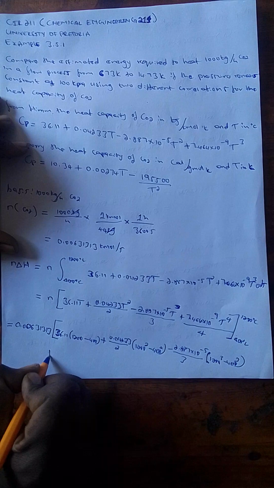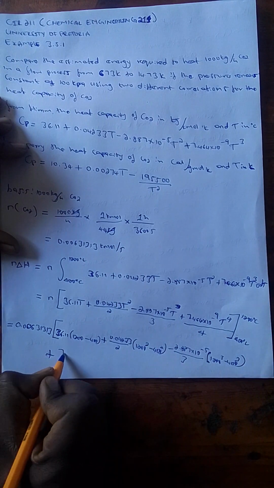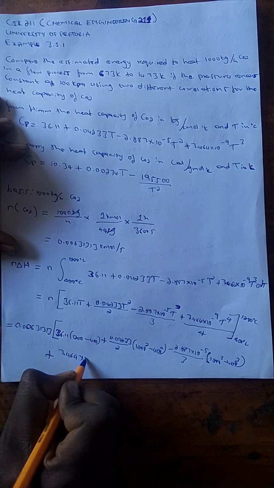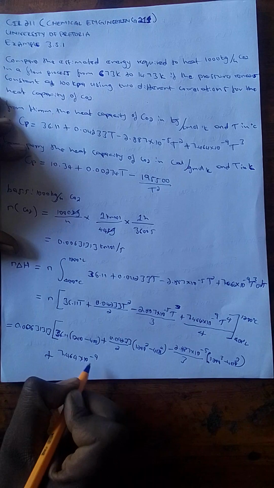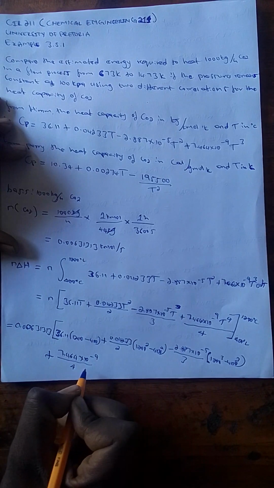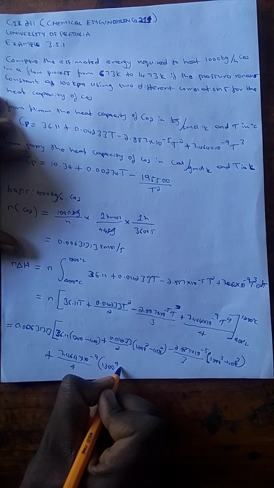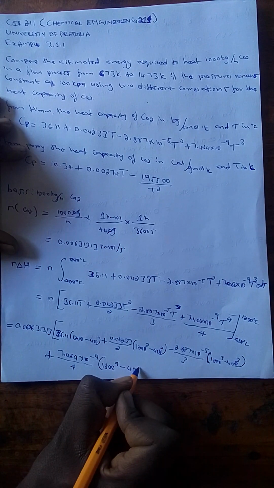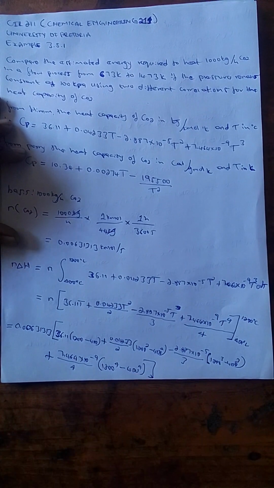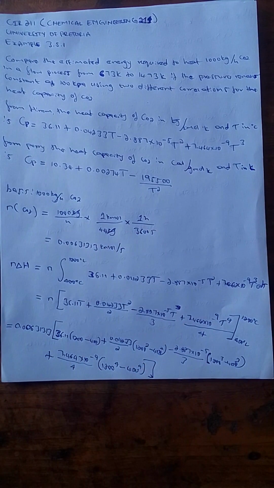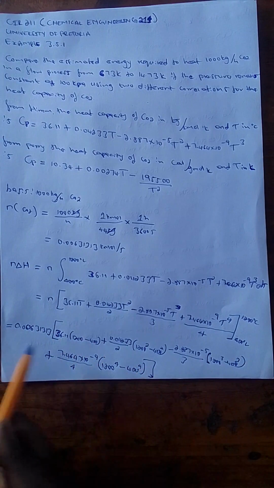And then we have plus, is it visible? Yeah, we have plus 7.464 times 10 to the power minus 9 all over 4 into 1200 to the power 4 minus 400 to the power 4, right? And we know that all these are in a square bracket, and from here all through here to here is multiplied by this.